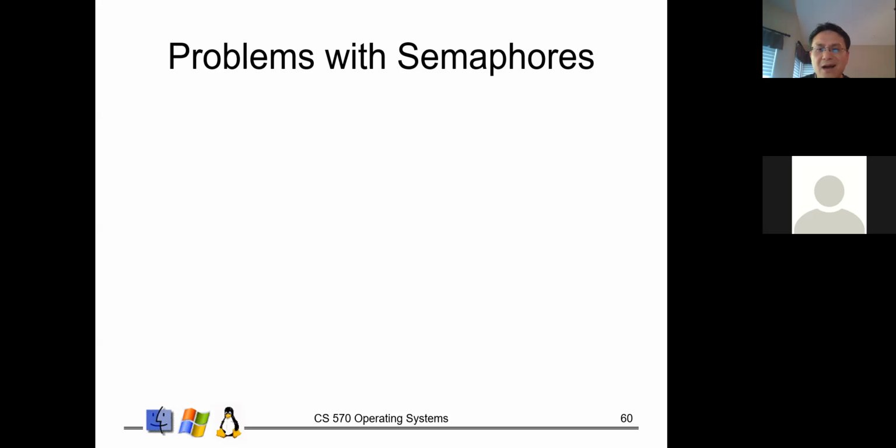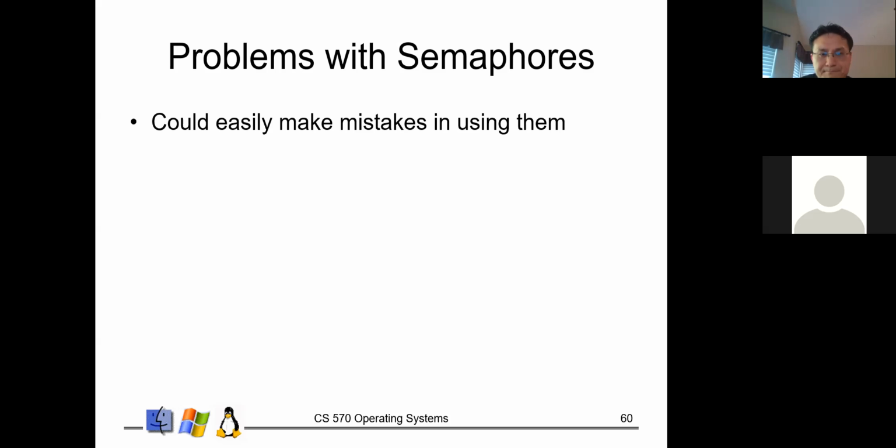The way semaphore operations work, with wait and signal, one could easily make mistakes in using them. The examples we talked about are still simple programs.